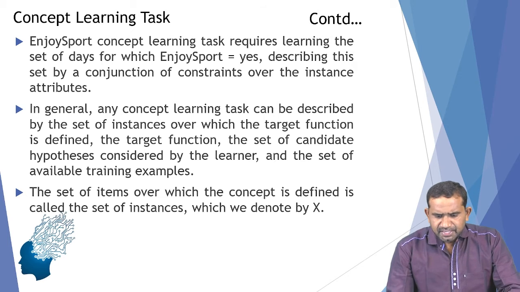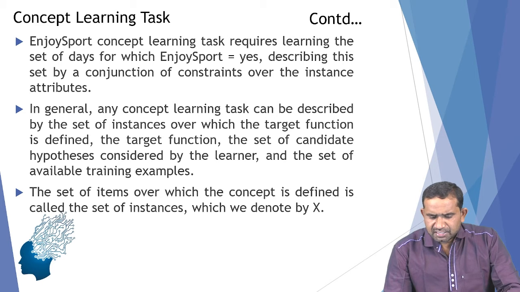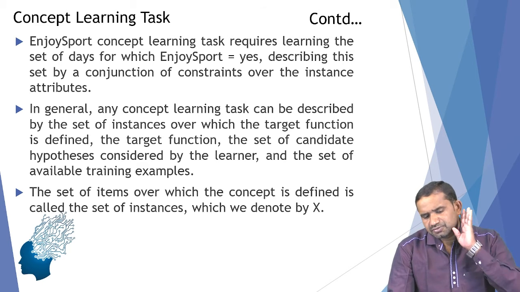In general, any concept learning task can be described by the set of instances over which the target function is defined, the target function, the set of candidate hypotheses considered by the learner, and the set of available training examples.